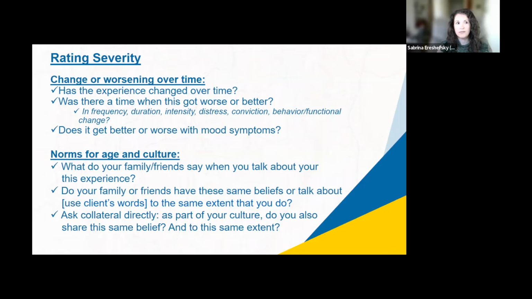So this can be in frequency or duration or intensity or distress or conviction or the change in their behavior or functioning areas. And with our differential diagnosis, we also want to try to understand, does it get better or worse with different mood symptoms, when an individual is in a depressed state or when they're in a manic state? Do the symptoms kind of go along with them?